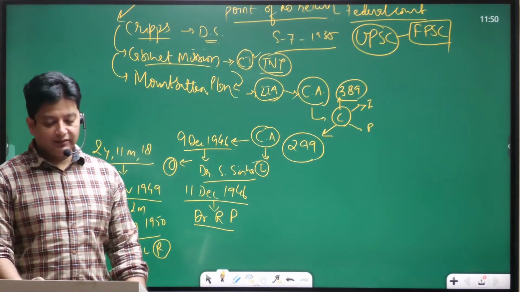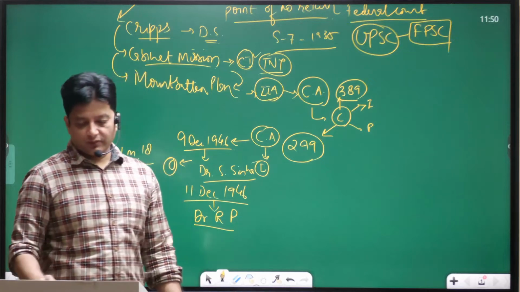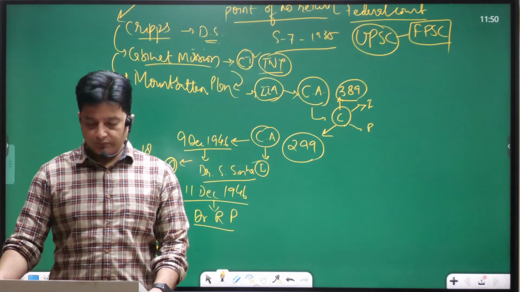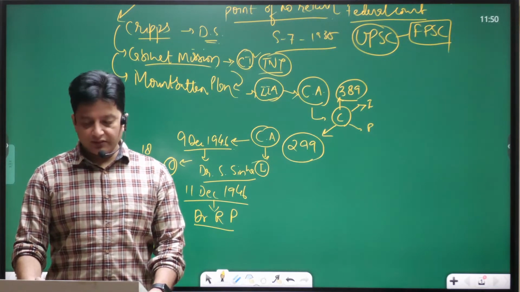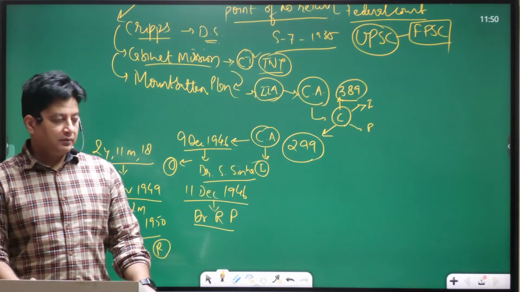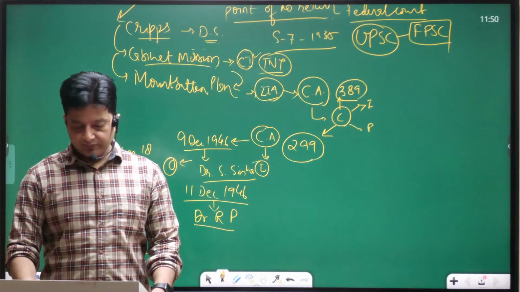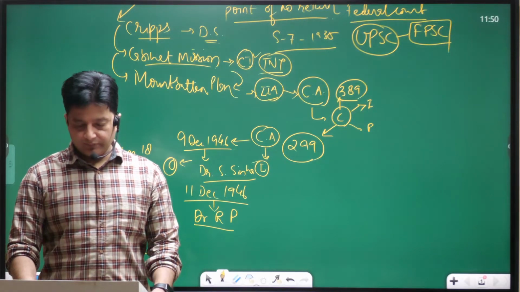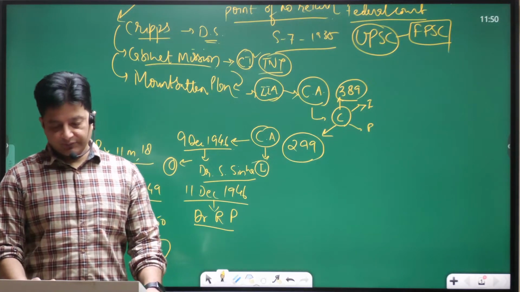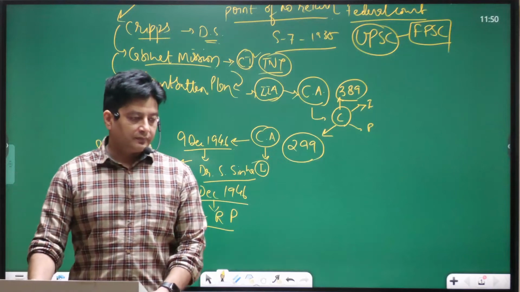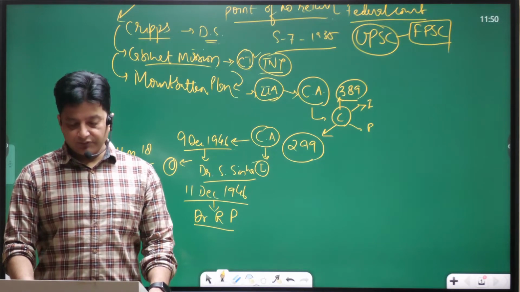Right, then number second heading to put is Council Act of 1892. It further strengthened ICA 1861, Indian Council Act 1861, by increasing the number of members in legislative and executive council.